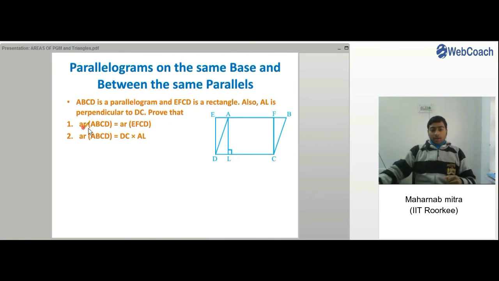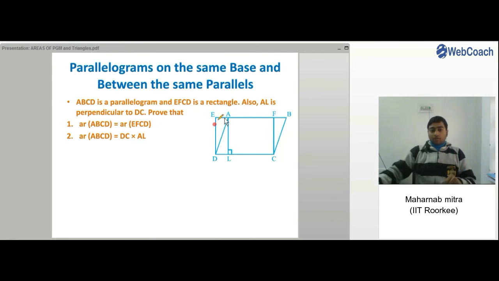Prove that area of ABCD, and this is the notation for areas, area of quadrilateral ABCD is equal to area of EFCD, right? So let us solve part 1 first. We will look at part 2 later. So let us prove these two areas of the quadrilaterals are equal. I hope you can see the quadrilaterals.